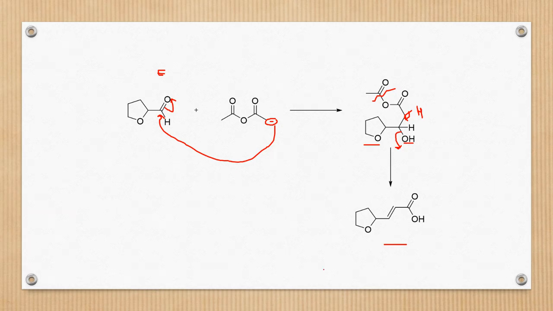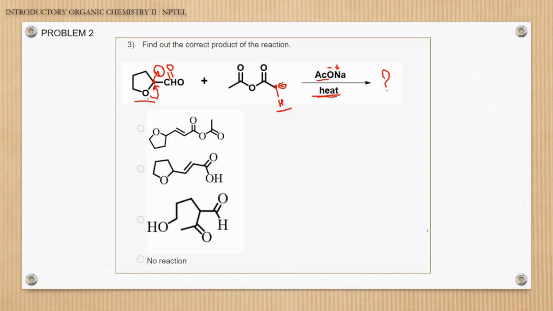That is why instead of getting a whole side chain, you are getting only the acid. So is it understood, guys, the mechanism of this reaction? Why is the alpha hydrogen taken from this, not from the alpha position of the aldehyde? Is it clear?